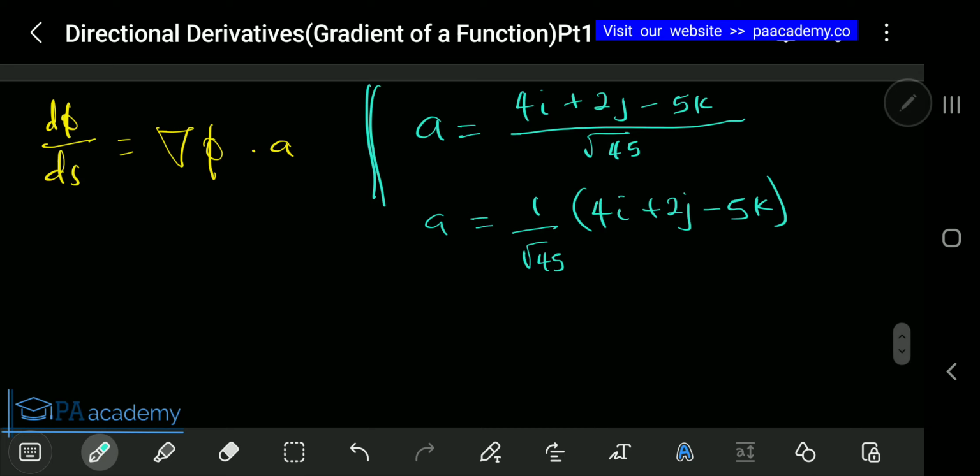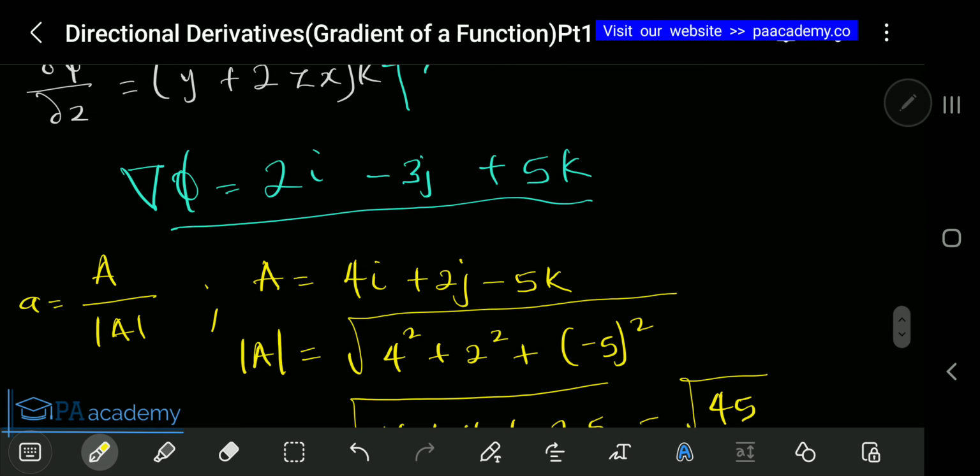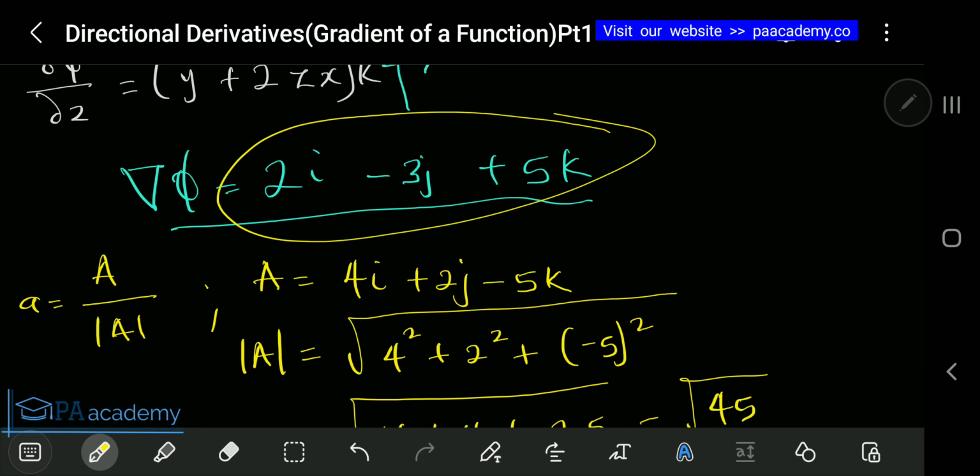Okay, so now we can go ahead and continue with calculating the directional derivative. Our directional derivative is equal to, now, let's see what our grad of phi is. We got it to be 2i minus 3j plus 5k.